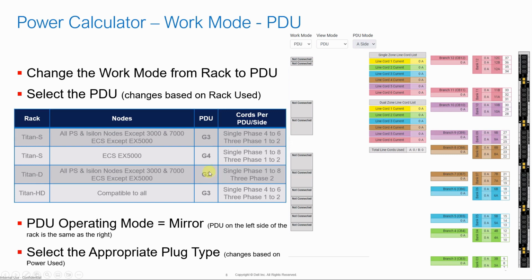So now depending on how we jumper the PDU determines how many cords we have per PDU. Configure how many cords we want. We need to understand the concept of branches, or the circuit breakers, some people call zones, for the PDUs.